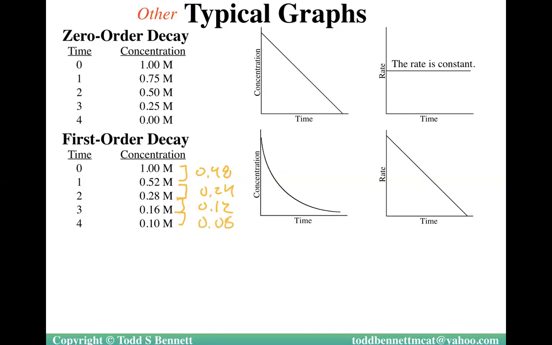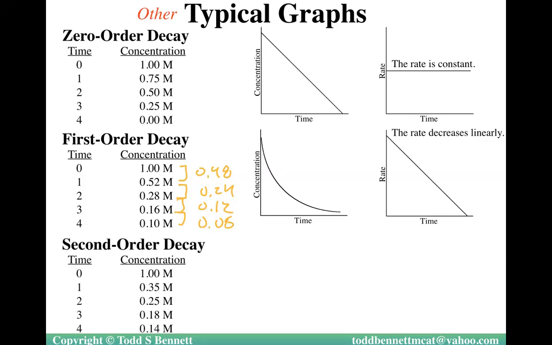So as it gets less and less concentrated, it gets less and less in terms of its rate. The rate decreases linearly, but the actual concentration follows this asymptotic curve.